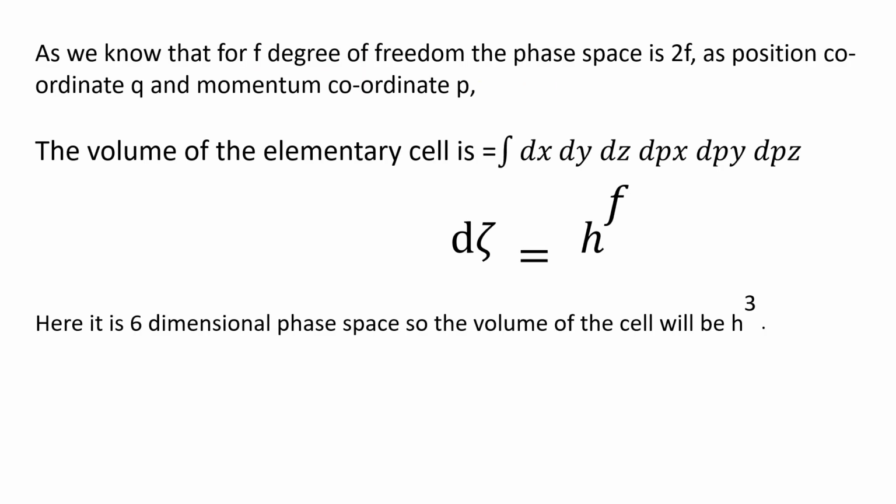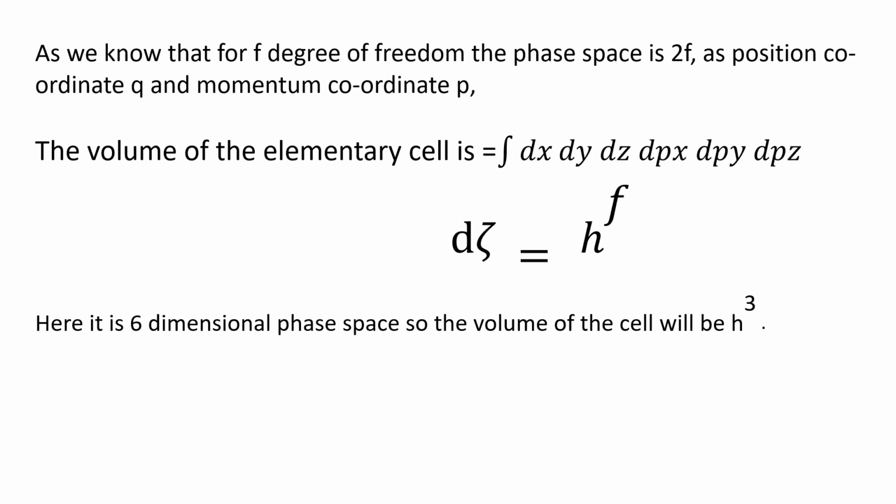as we know that for f degrees of freedom, the phase space is 2f, with position coordinate q and momentum coordinate p. The volume of the elementary cell is the integration of dx, dy, dz, dpx, dpy, dpz, where x, y, z are the position coordinates and px, py and pz are the momentum coordinates.